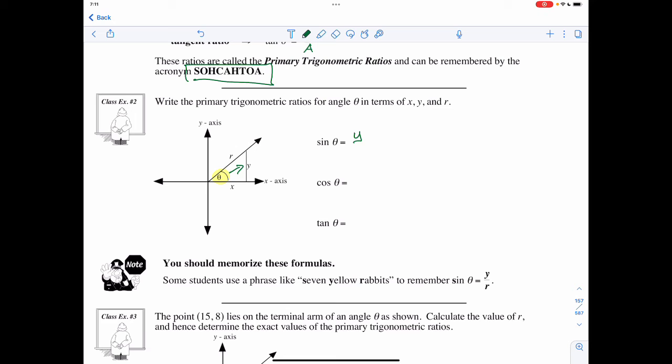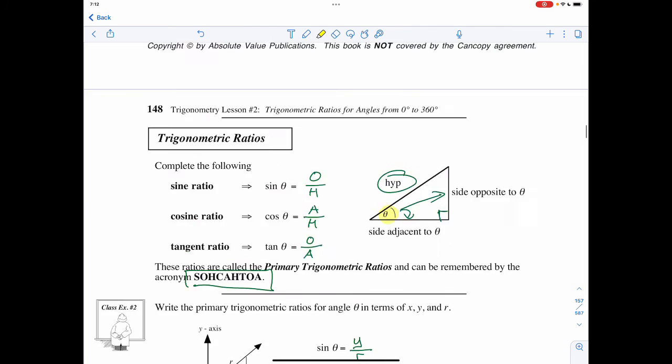The side length that's adjacent to is always going to be x. And the longest side length is always going to be r. So I can say now that sine of the angle is going to be my y over my r, cos is my x over my r, and tan is my y over my x.